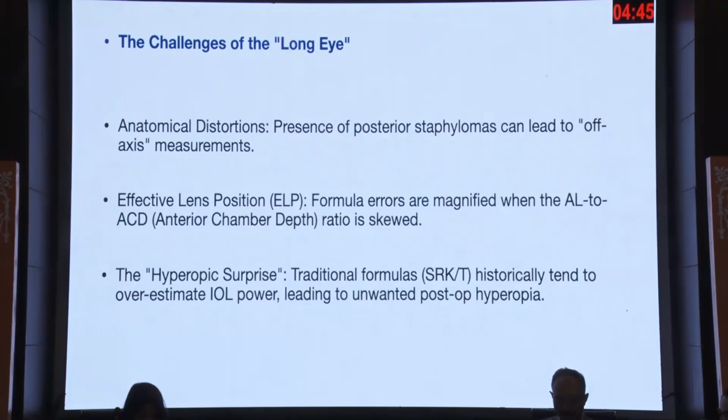The second in the trifecta is the effective lens position, which is like a moving target in a big eyeball. And finally, the hyperopic surprises we get, because historical formulas were optimized for the average 24 millimeter eyes. But when we stretch these old linear formulas to bigger eyes, they consistently underpower the IOL powers.